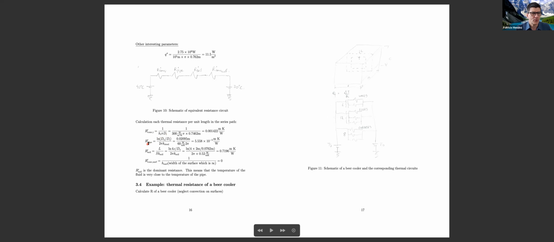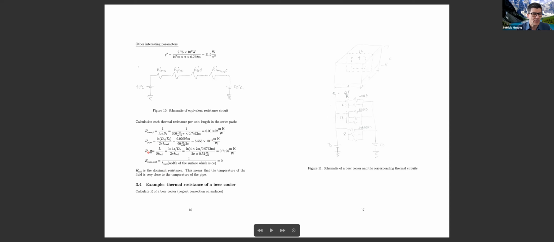The resistance per unit length of the pipe, we saw, uses this log, this expression here. And we can calculate this other one. Look at how small it is. Convection is more or less 10 to the minus 3. This is more or less 10 to the minus 5. The thermal resistance of pipes, especially in heat exchangers, is very low.